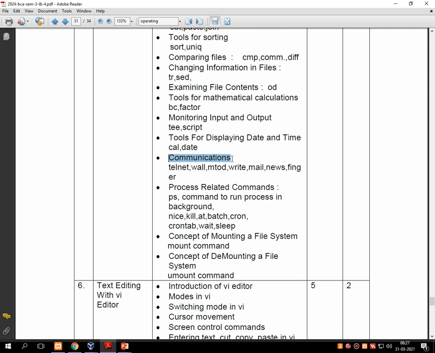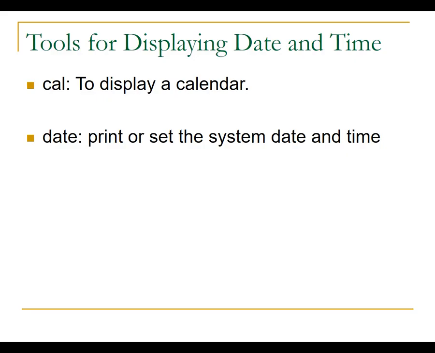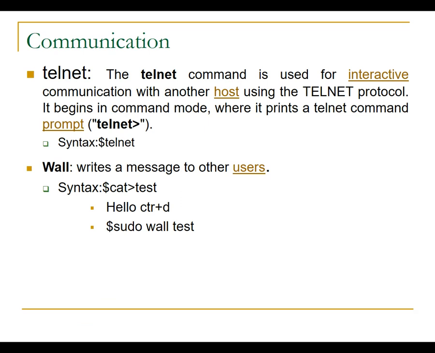Next is various types of communication commands. The group of commands are telnet, which we have already done, then wall, motd, write, mail, news, and finger. Let's see how it works.